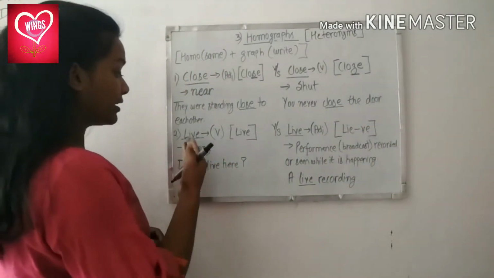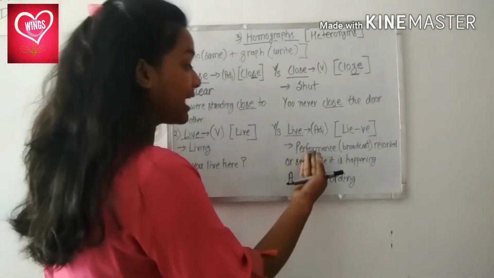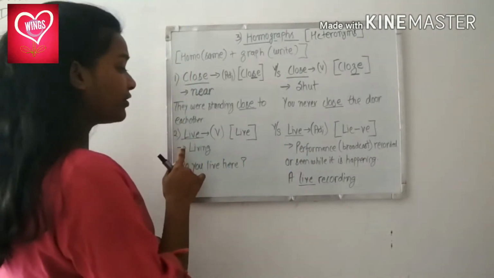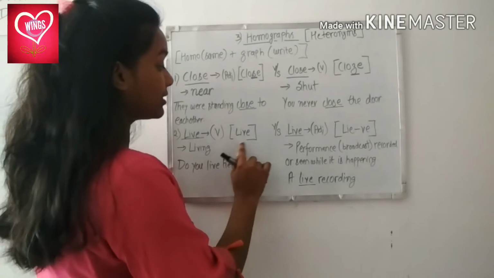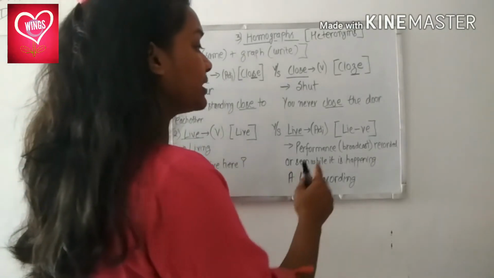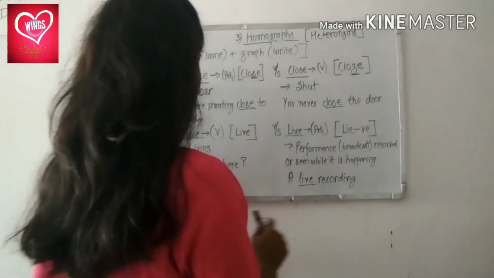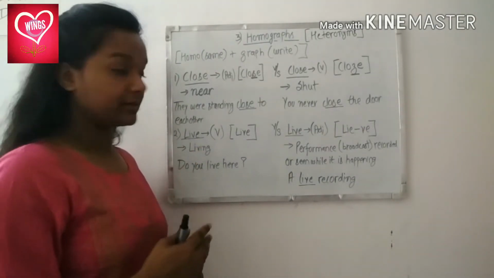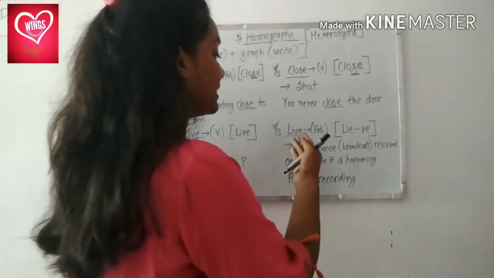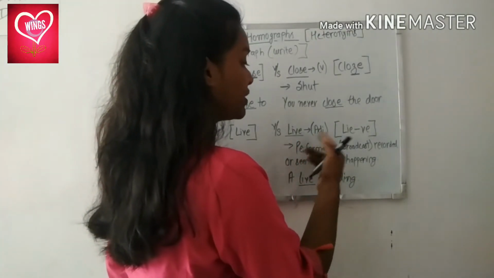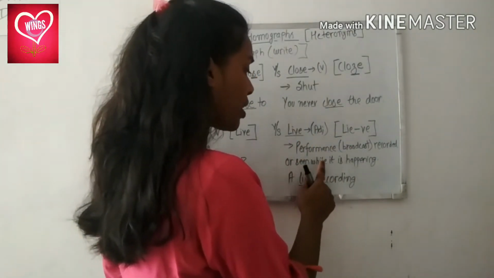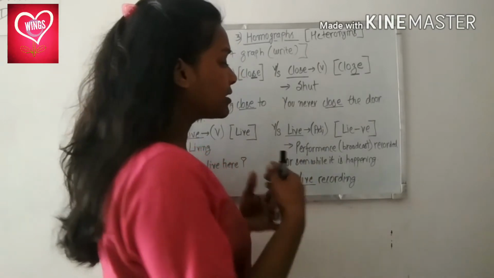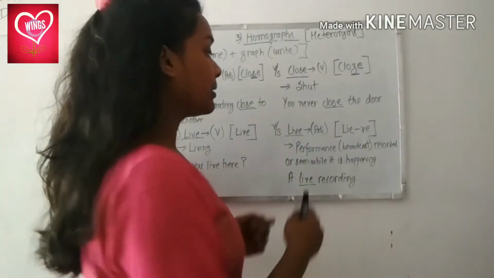Second example is live versus live. The pronunciations are different. Live is a verb which means living, and the second one is live, an adjective which means performance, or performance is also called broadcast.